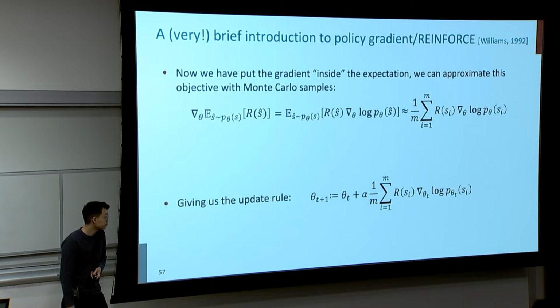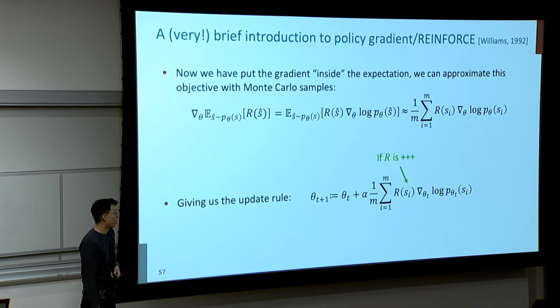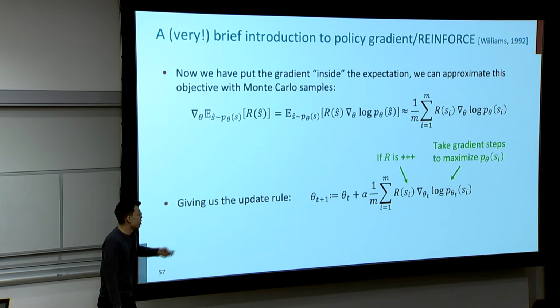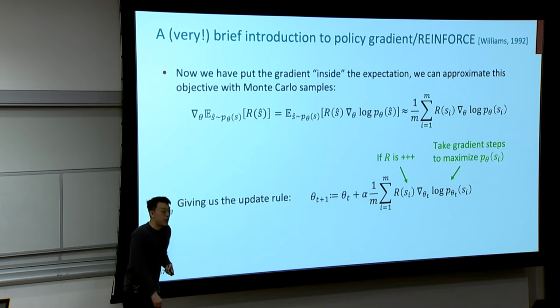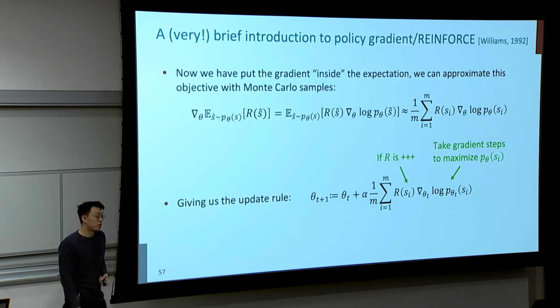To generalize this to the more general case where the reward is scalar, if R is very high, very positive, then we're multiplying the gradient of that sample by a large number. And so our objective will try to take gradient steps in the direction of maximizing the probability of producing that sample again, the sample that led to high reward.